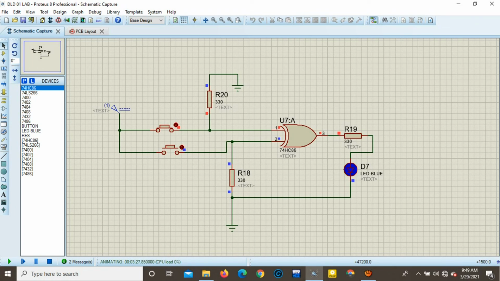And when I give input 0 on both switches, again bulb is off. So the only way that the bulb is on is that both the inputs are different. Otherwise, it will remain off.